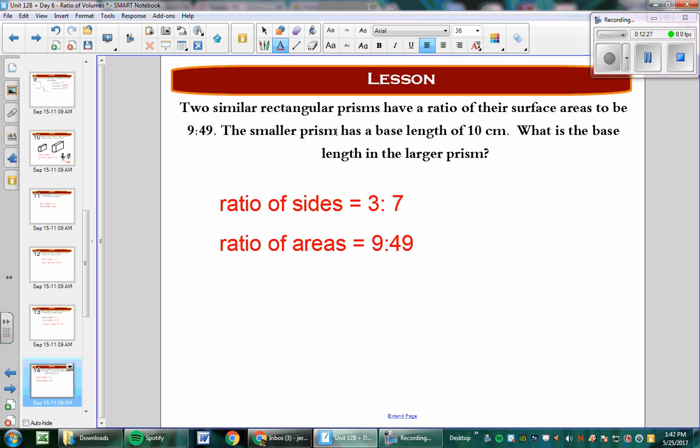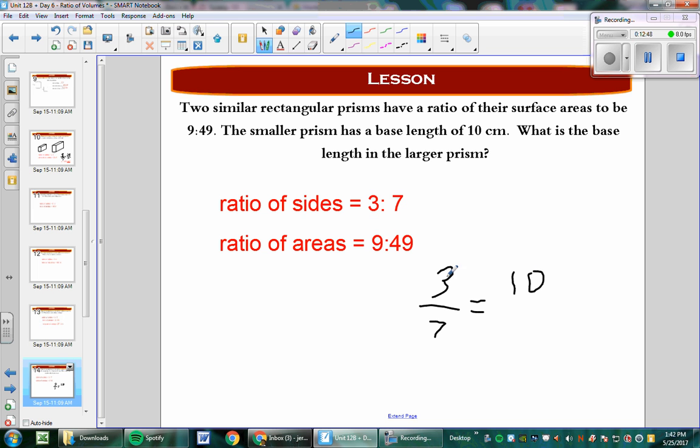So now it says we're looking for the base length. So for lengths, we'll use the ratio of the sides. We'll set this up saying 3 over 7 is equal to, the smaller one has a base length of 10. So the smaller one in this case goes on top because 3 is on top.